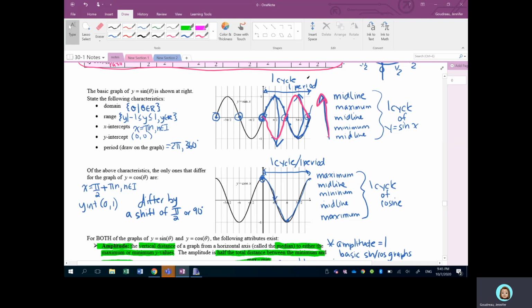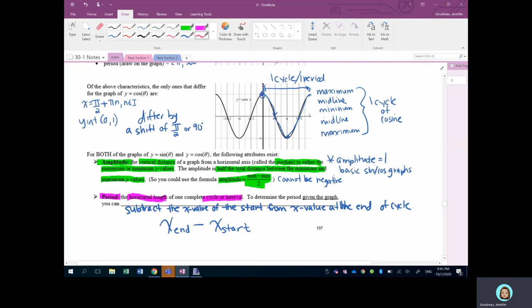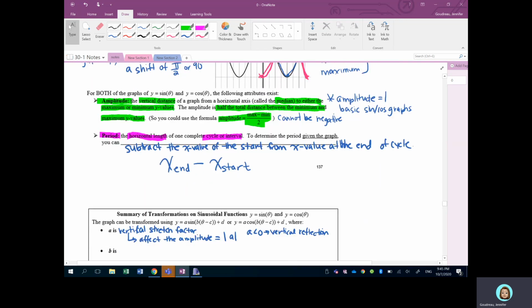For cosine, what happens is all of this is going to move down here, all of this moves up here, this moves down here. So when we reflect it vertically, it follows the pattern, but these switch out. So it goes from the minimum up to the maximum, back down to the minimum again. So that's what happens when A is negative and we have a vertical reflection.